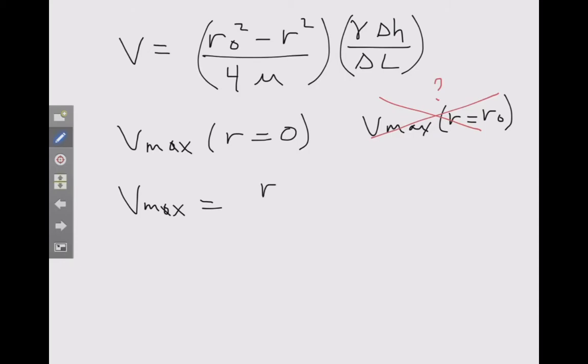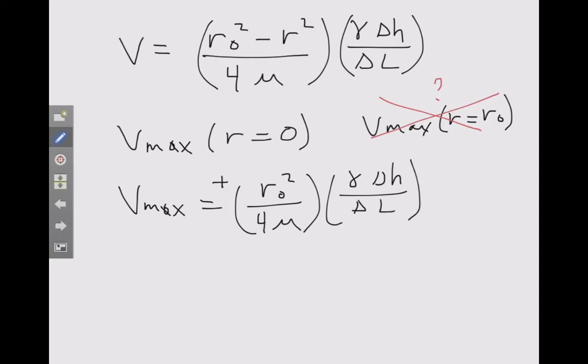So this is what we get for our Vmax. And note that my value is positive, which is what we ought to expect for a velocity, or a speed in this case. It's not even a vector, so we're pretty convinced that this is looking good.